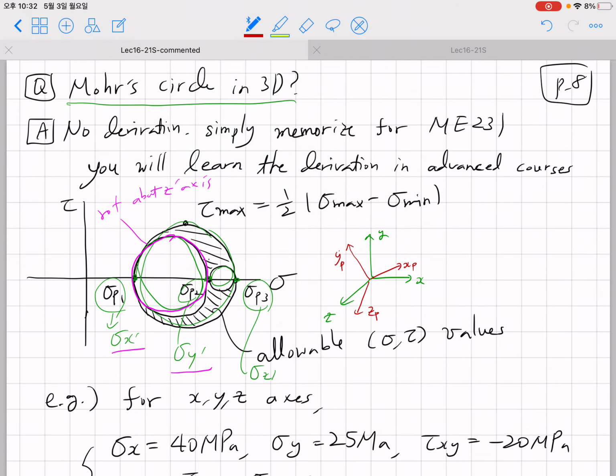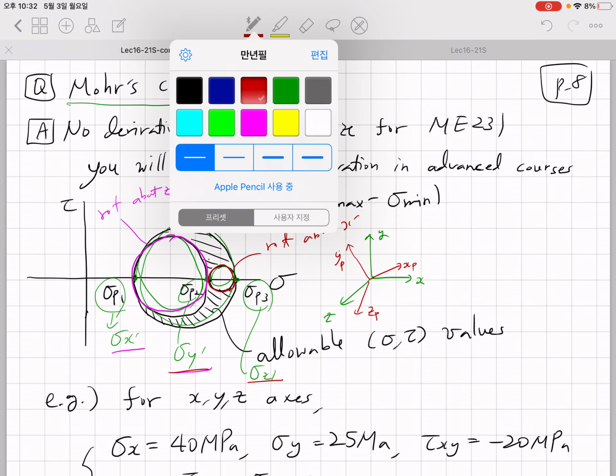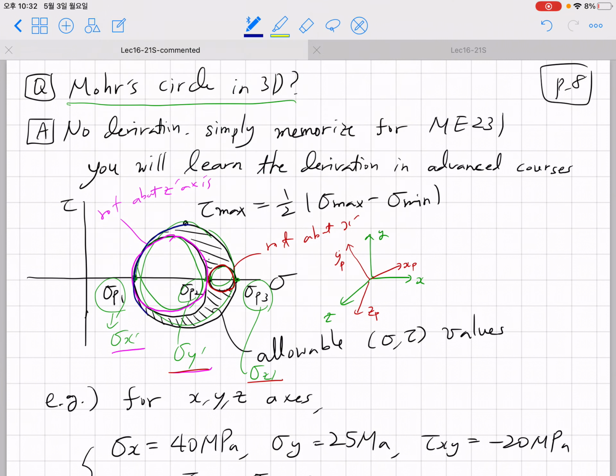When you have a circle that passes through y prime and z prime, it is a rotation about the x prime axis. When you have a circle that passes through sigma x prime and sigma z prime, this is a rotation about the y prime axis. For other rotations and other coordinate transformations, you can have a sigma and tau value that is located in this shaded region. So that's the meaning of this Mohr circle.